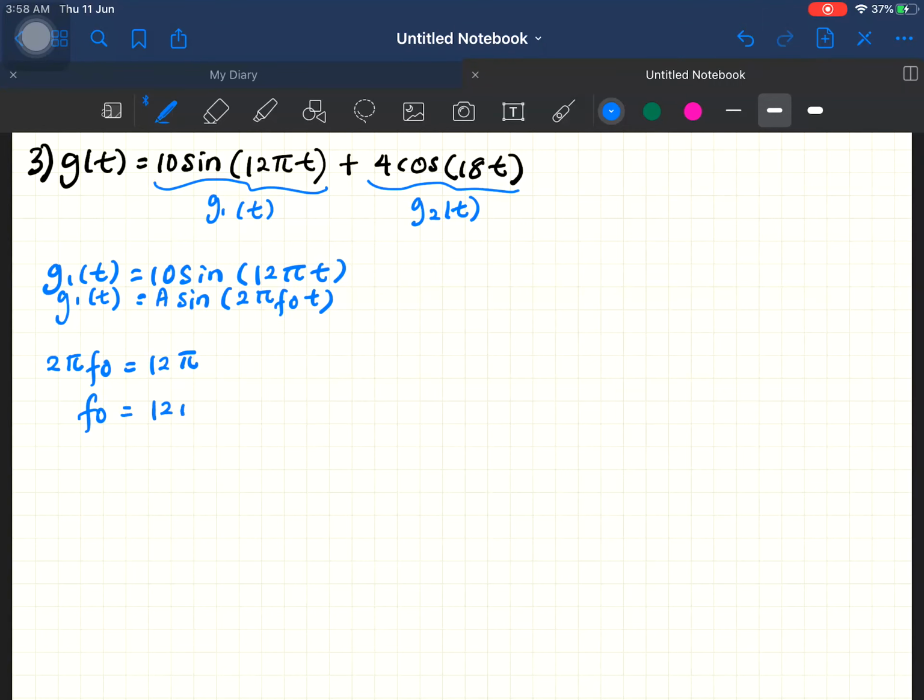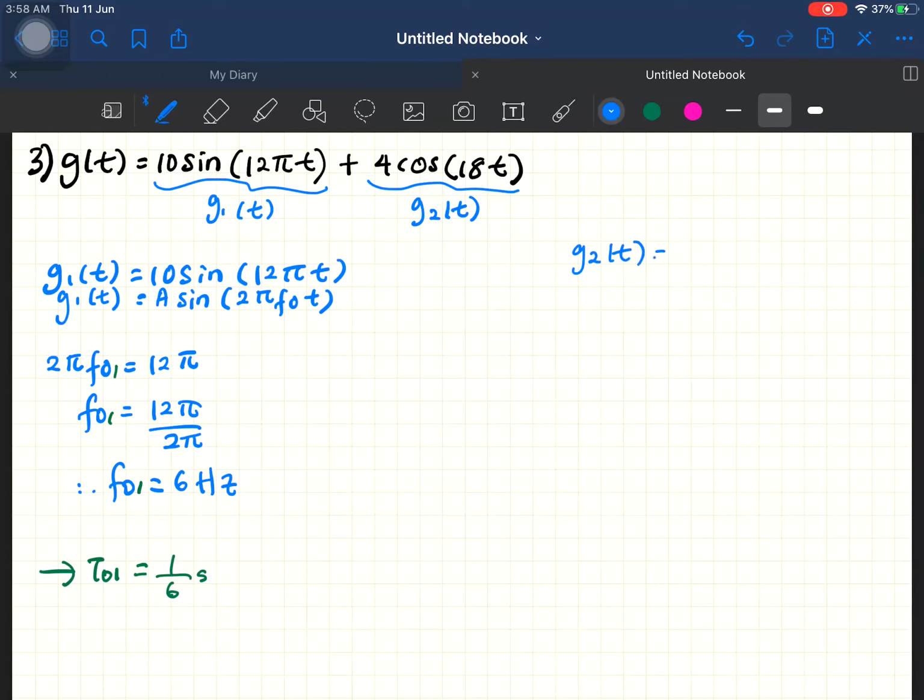Now f0 equals 12 pi over 2 pi. So f0 equals 6 Hertz. Then the period, okay, let's call this T01, and let's call this f01 as well, will give you 1/6 second.